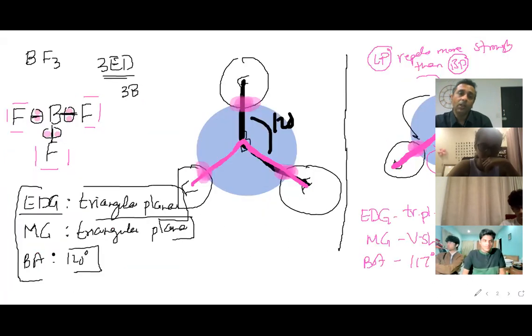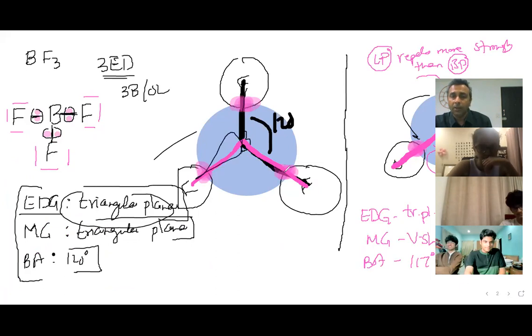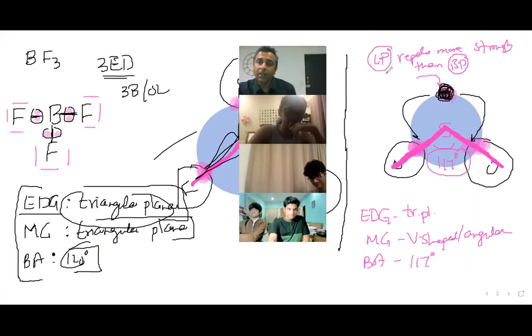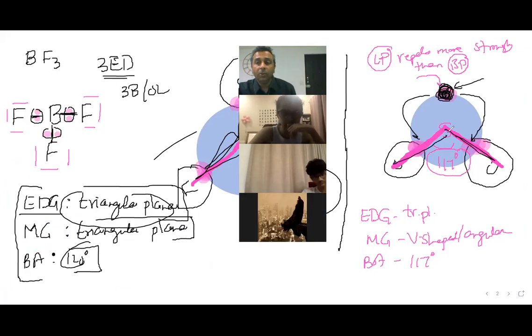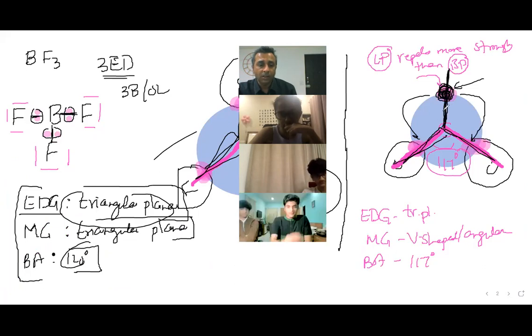Then we took 3 electron domains, 2 cases. One is 3 bonded, 0 lone: electron domain geometry triangular planar, molecular geometry also triangular planar, and bond angle 120. Second case, 3 electron domains with 1 lone pair. If there is 1 lone pair, then first of all molecular geometry is not triangular planar because there is no atom bonded here.